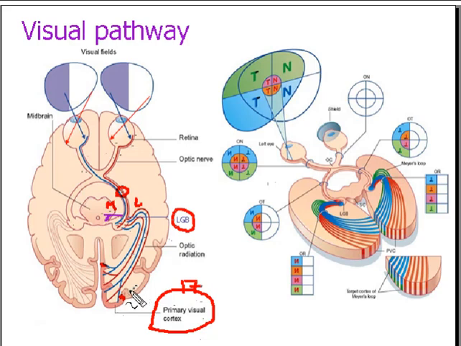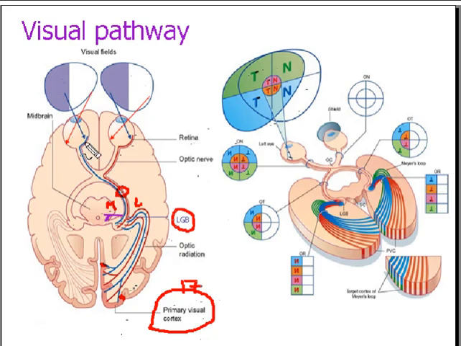Now this figure that you're looking at next to it looks very confusing in the beginning, but all I want you to understand from this figure is that, if you remember, I told you that everything in the visual pathway is kind of upside down. As you can see, the left field goes to the right half of the retina and the right occipital cortex.